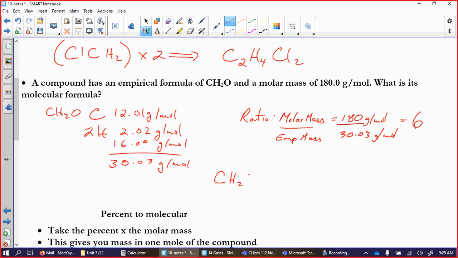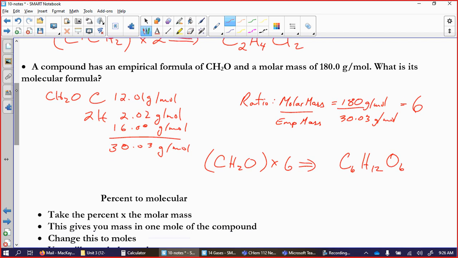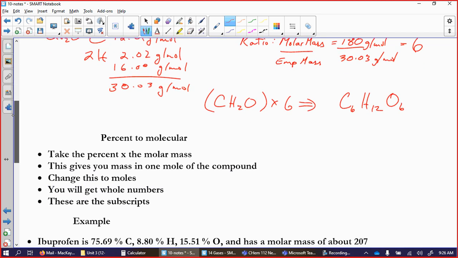So we have CH2O times 6 is going to give us C6H12O6, which makes sense. If it has that empirical formula, the most common thing is a hexose. Technically, I think you can have C5H10O5, but I'm not 100% sure.